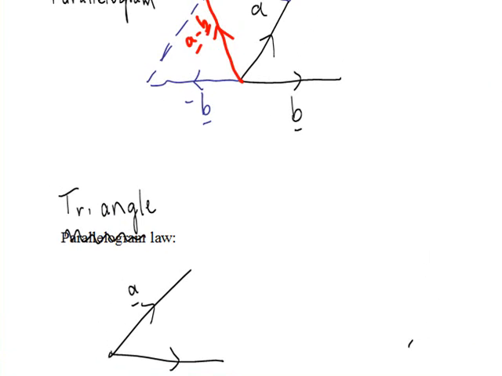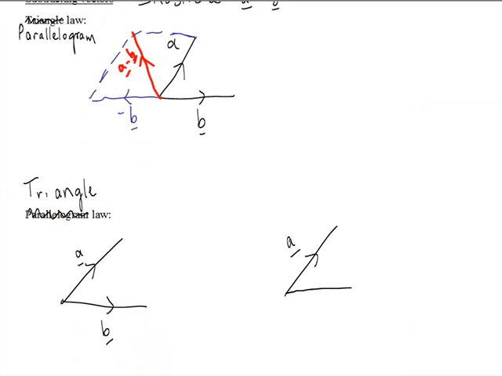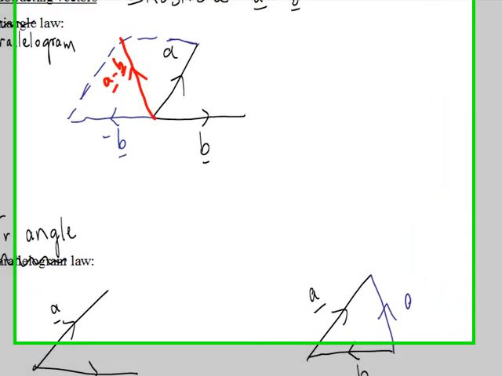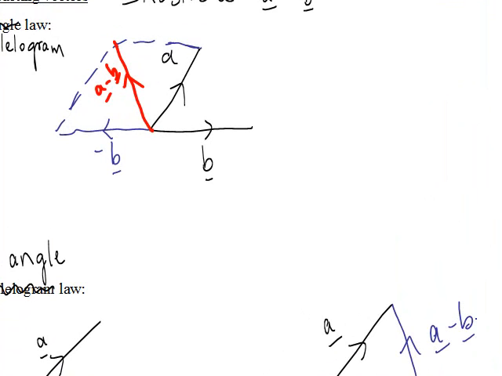So if I put A like that, and then this is my minus B, I just reverse the arrow. Same length, but in a different direction. Now I can complete the triangle here. And this is A minus B.